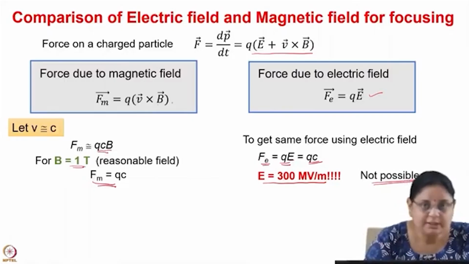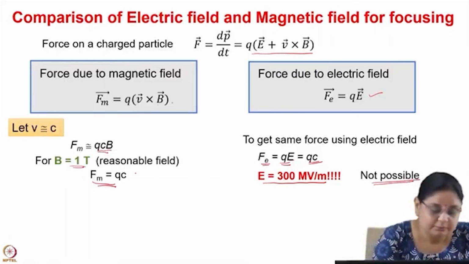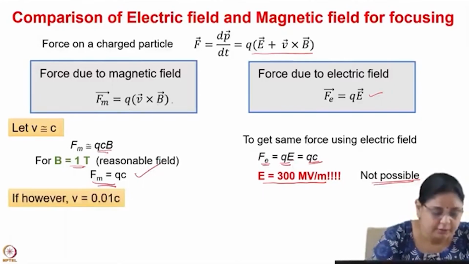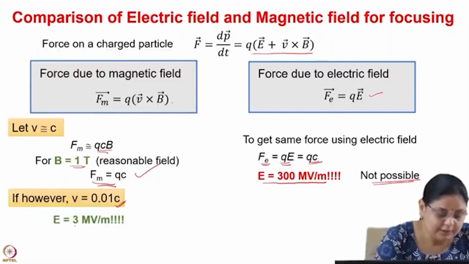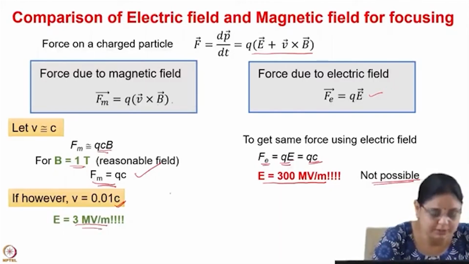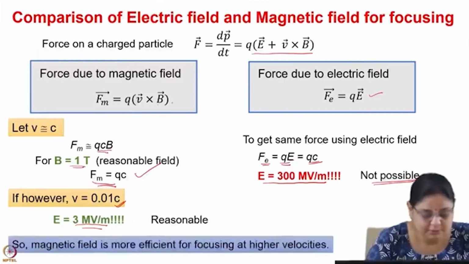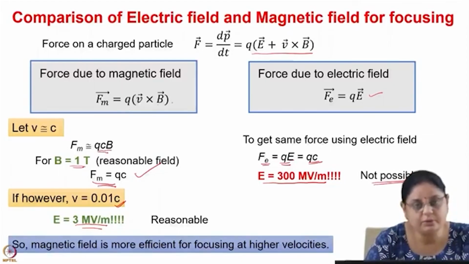So for high energies, it is better to use magnetic fields for focusing. If however the energy is not so high, just about 1% of the velocity of light, then the electric field required comes out to be 3 million volts per meter, which is a reasonable number. So magnetic field is more efficient for focusing at higher velocities. At lower velocities, you can use both magnetic fields and electric fields.